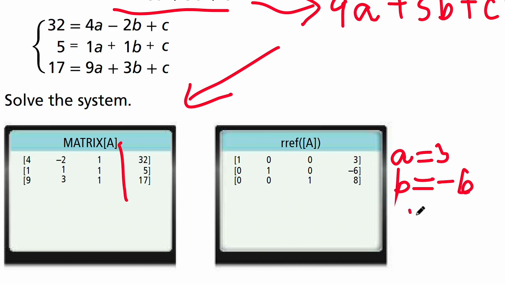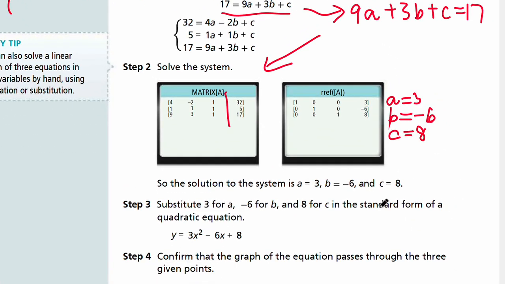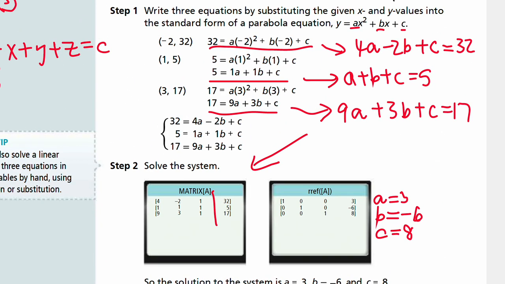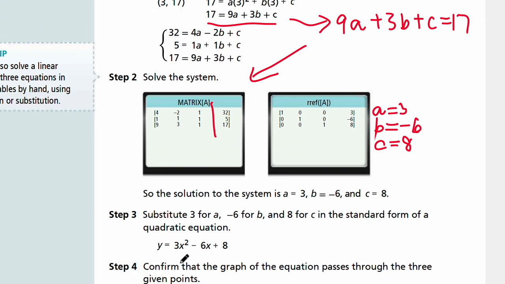And then c is equal to 8. Easy. And so now we're going to substitute a, b, and c in our standard form of our quadratics, because that's going to give us the equation. And that's it. y is equal to 3x squared minus 6x plus 8.